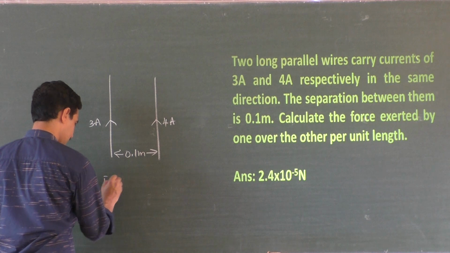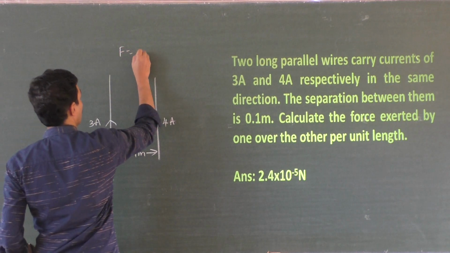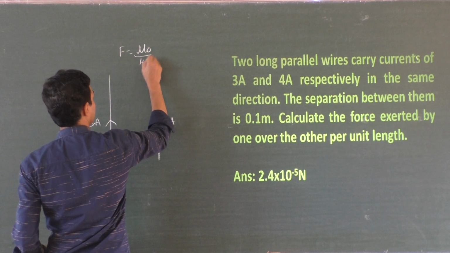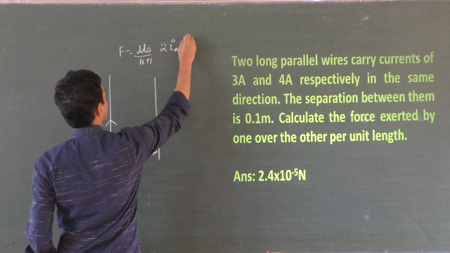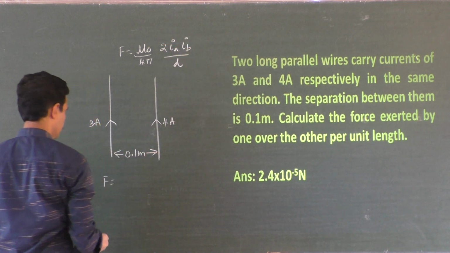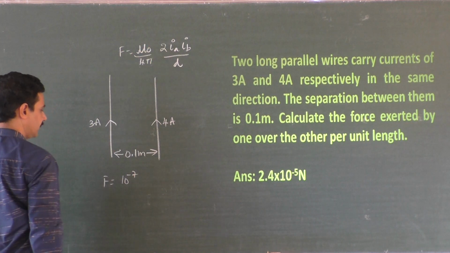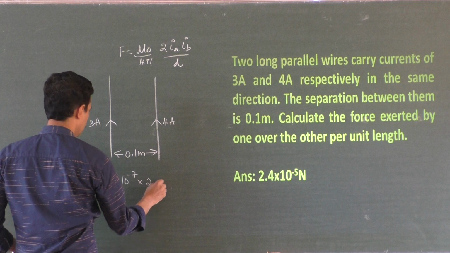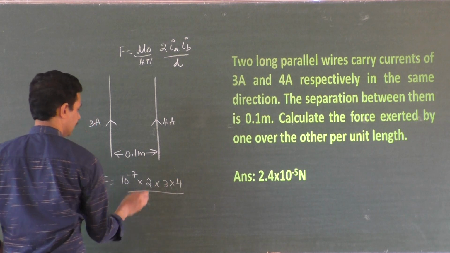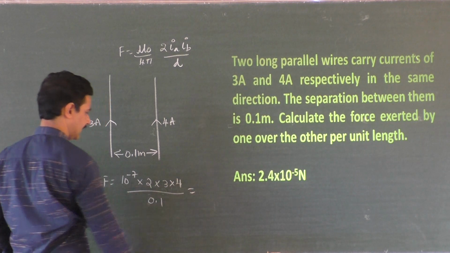F is equal to mu0 by 4 pi 2 IA IB by d. mu0 by 4 pi is 10 to the power minus 7, 2, 3, 4 by 0.1. Directly you can get the answer.